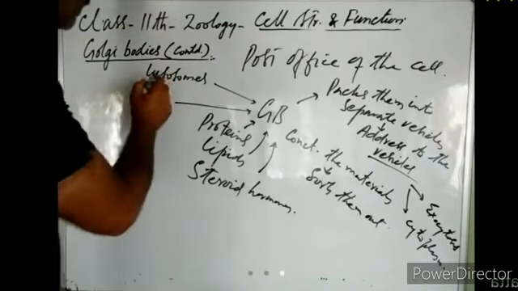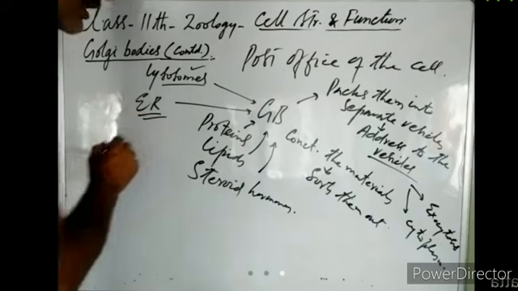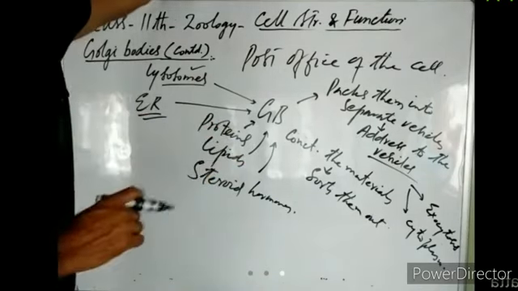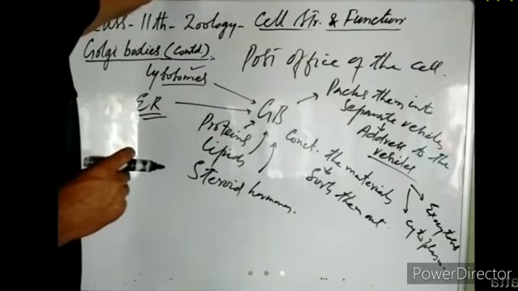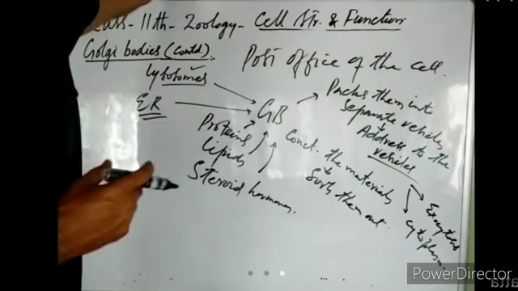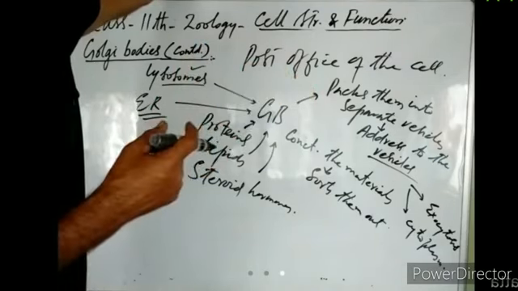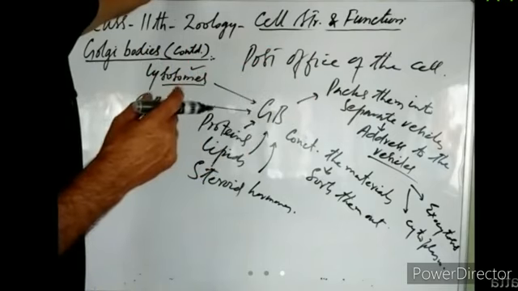Similarly, Golgi body will receive the materials either from lysosome or from endoplasmic reticulum. It will sort them out. Like the post office, there may not be only a letter for me. There may be letters for different individuals of our same locality. So the postman will collect all those letters together. He will read the address. He will sort out the letters according to the name of the mohalla.